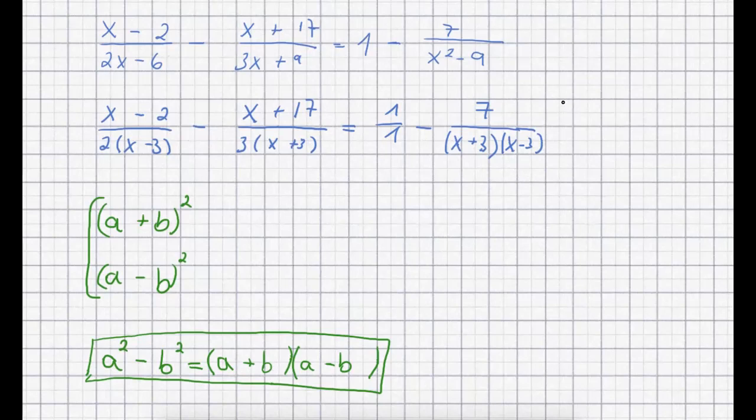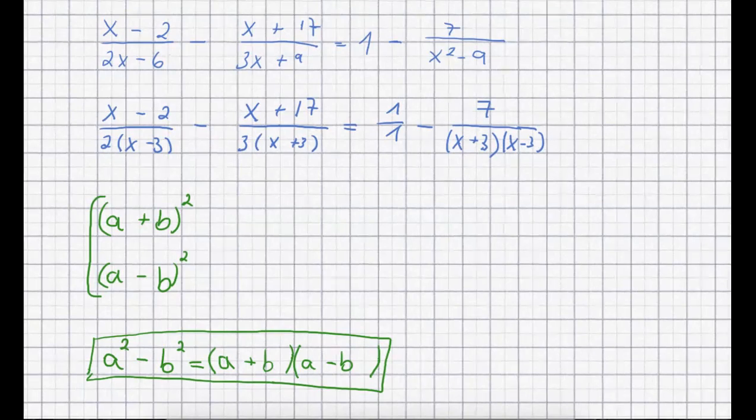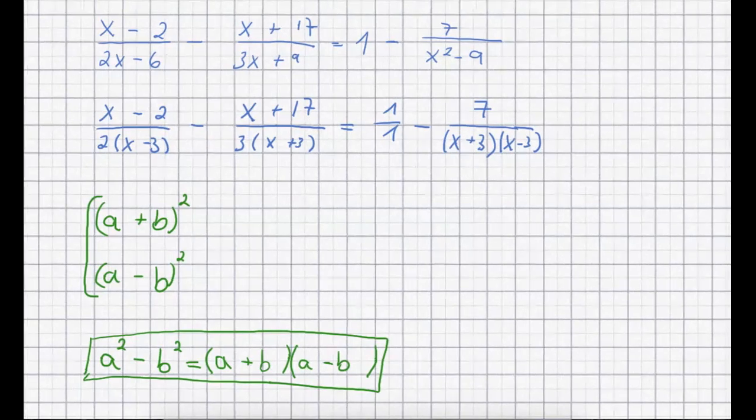So just let me write it down again. I like to do something like one here. Can you say again what is the common denominator? Yes, 2 open brackets x minus 3, and then 3 open brackets x plus 3.